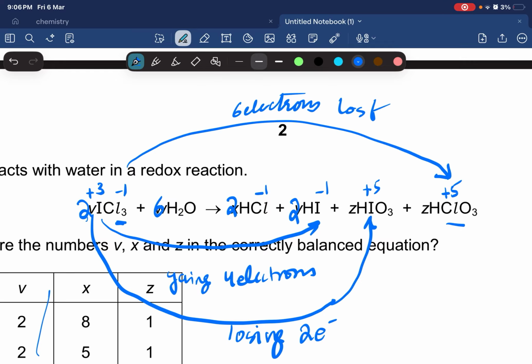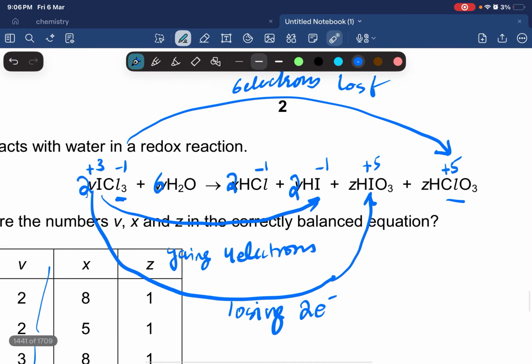I have 12 hydrogens. I have to balance this. How do I balance the hydrogens? 6 over here, 12 over here. I need to double the hydrogens here.